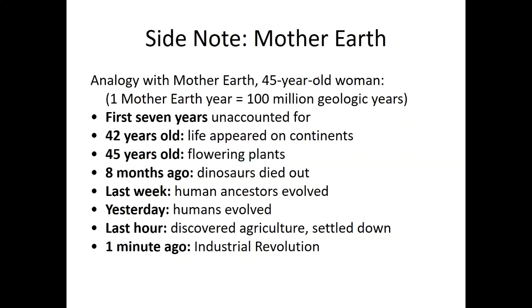And 1 minute ago was the Industrial Revolution. So it kind of puts in perspective how our history fits into Earth's history. If you think of Earth as a 45-year-old woman, we've been around since yesterday, like 1 day out of 45 years.